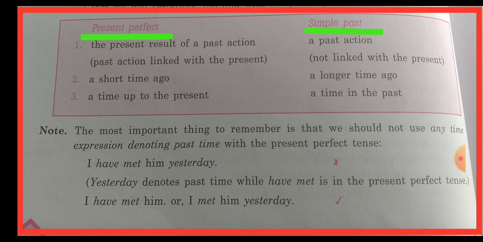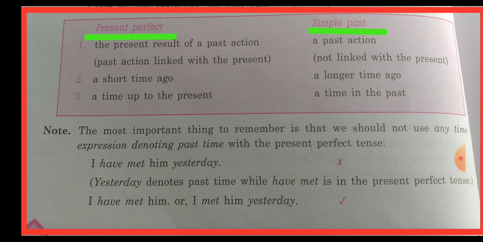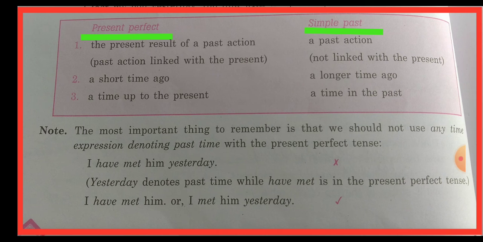So this is the correct use of writing a sentence while using simple past tense or present perfect tense. You have to keep it in mind, in simple past tense a past action is denoted which is not linked with present, and in present perfect tense the present result of a past action can be observed.